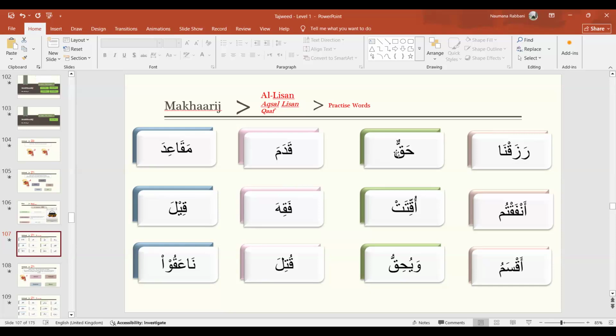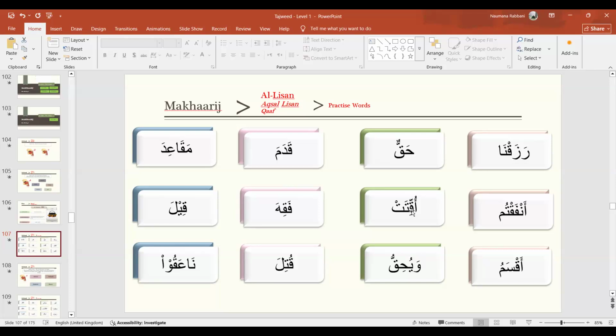This would be haqq. In the strongest, momentarily you can't hear anything. It's not just that I say ha and then a bounce comes after a little pause. Haqq. That's the strongest qalqala.